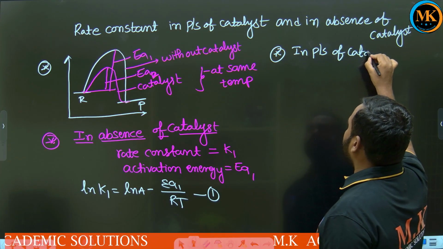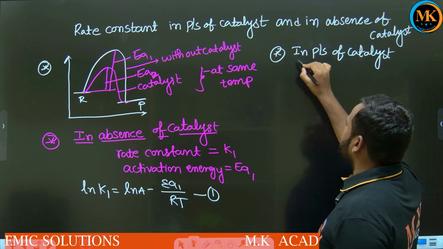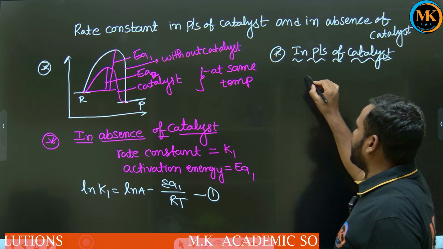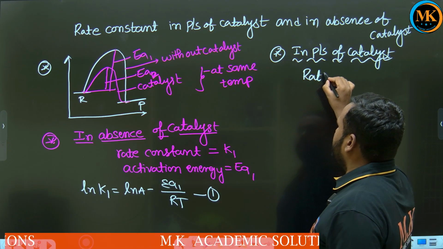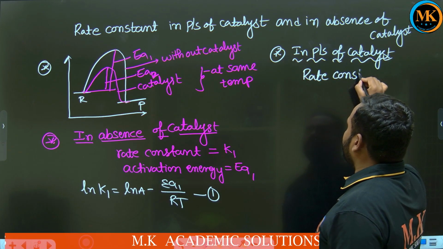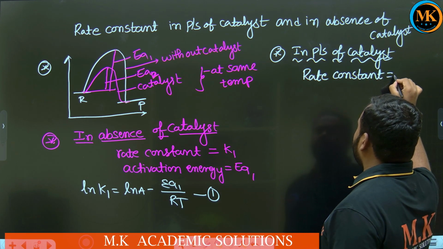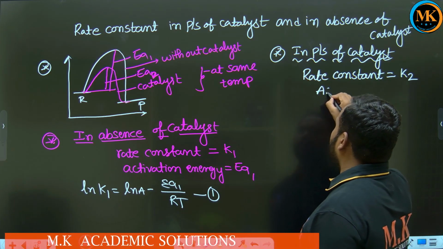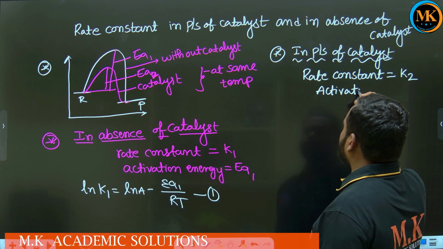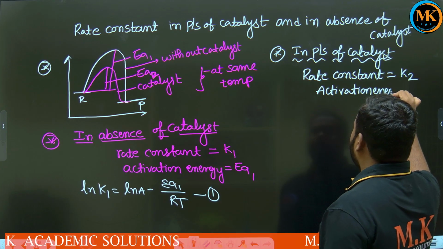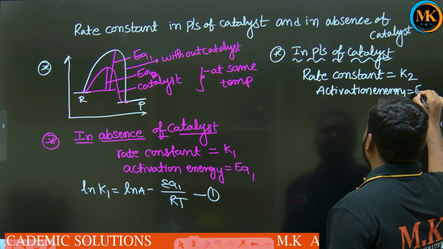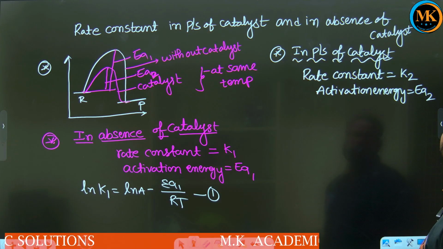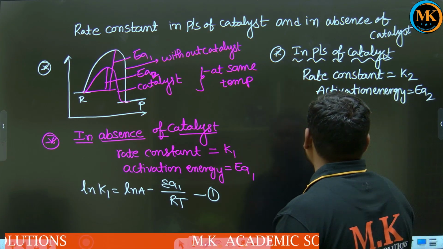In presence of catalyst we consider rate constant K2 and activation energy EA2. So what is the Arrhenius equation?